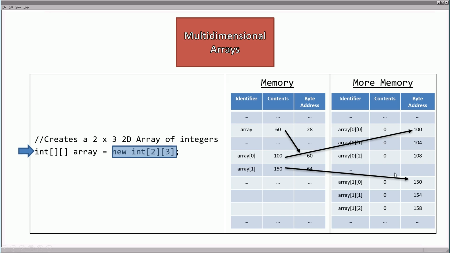This creates an array that has 2 by 3 elements. Once again in Java, you can consider multidimensional arrays to simply be arrays of other arrays.